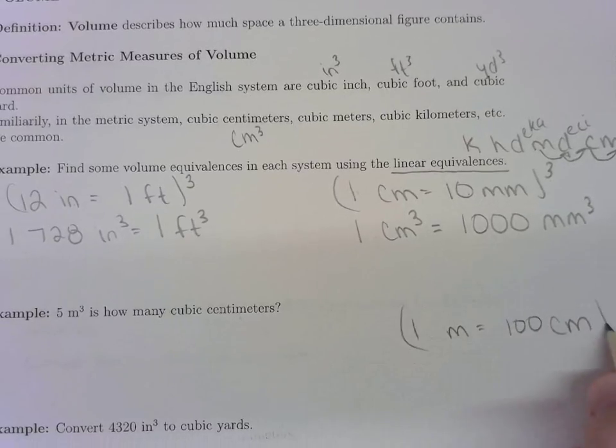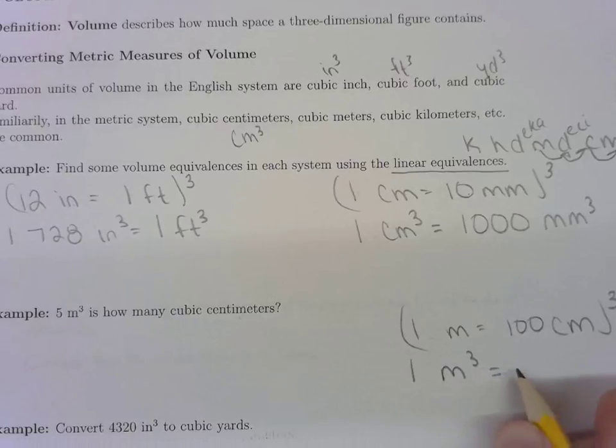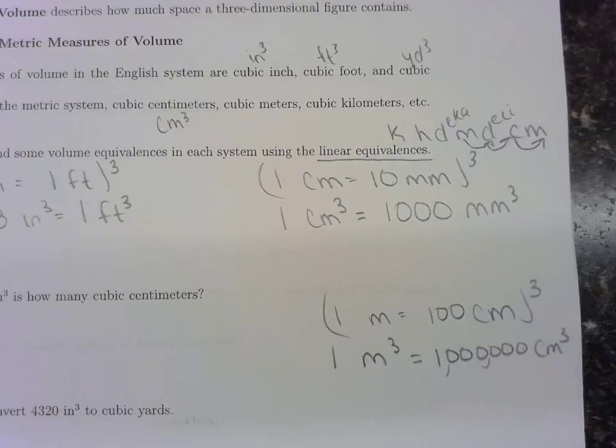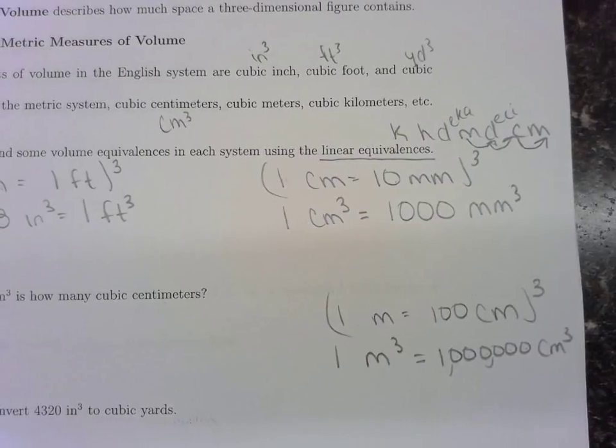Okay, so we need to cube all of these. So 1 meter cubed equals, this would be 3 sets of 2 zeros, so 1,000,000 centimeters cubed. You can check this on your calculator.